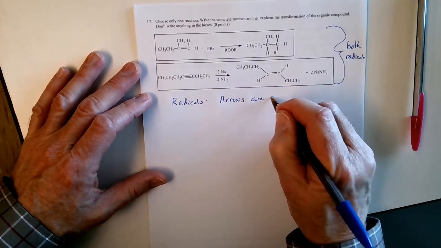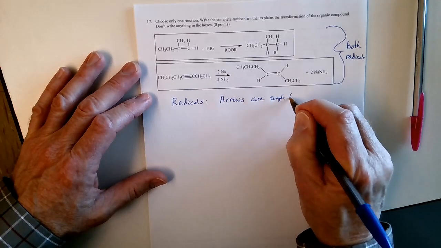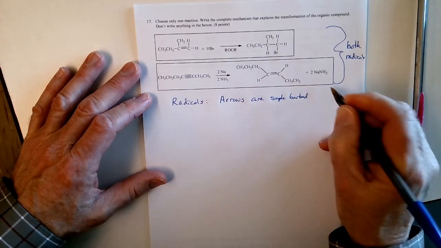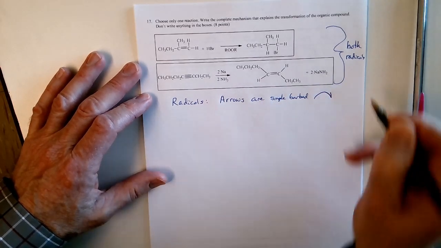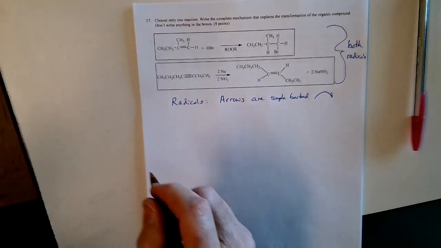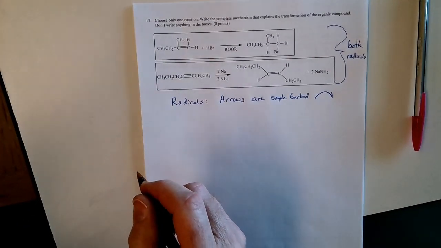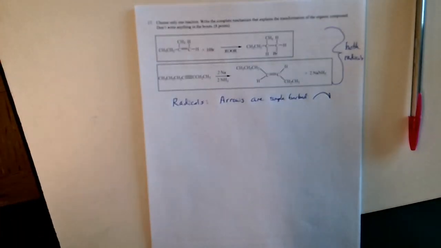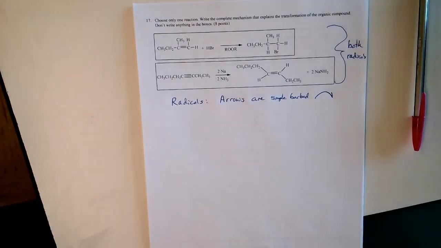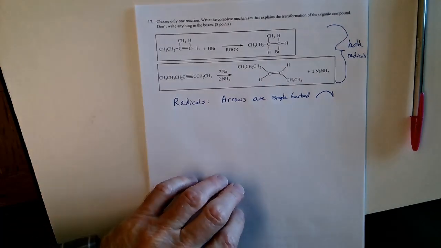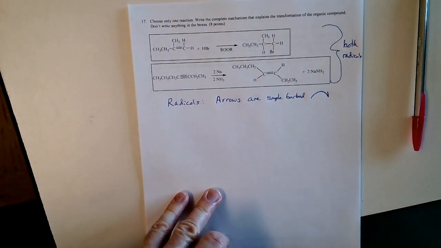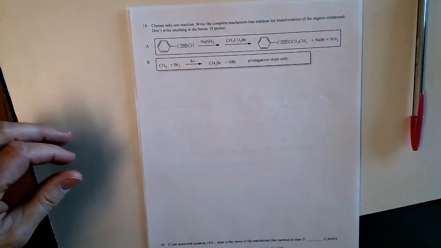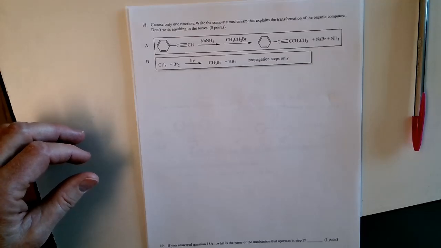Arrows are single barbed. So, like that. I know that looks picky, but it sure does tell a different story. It'll help you remember that you're taking one bond, one pair of electrons, and splitting it in half, one going each direction. Okay, I think the rest of it is probably not worth our time here.